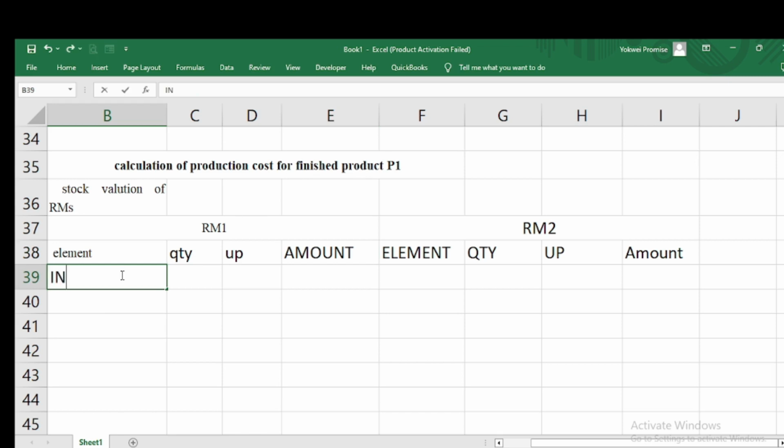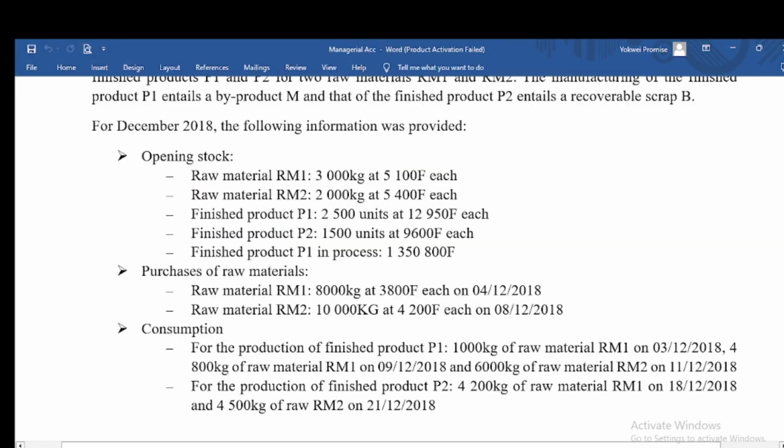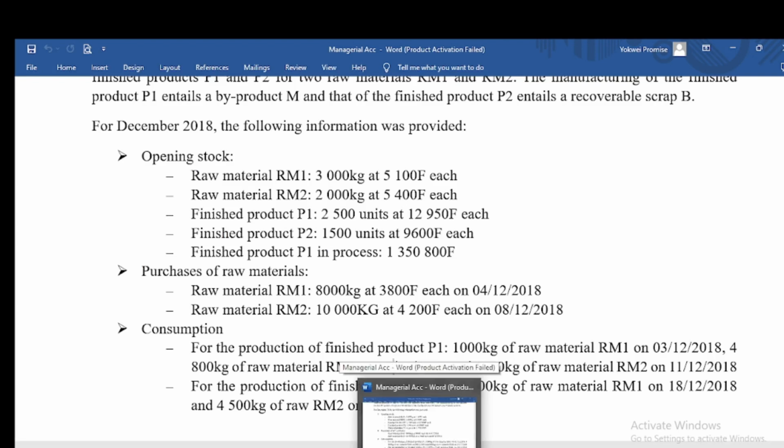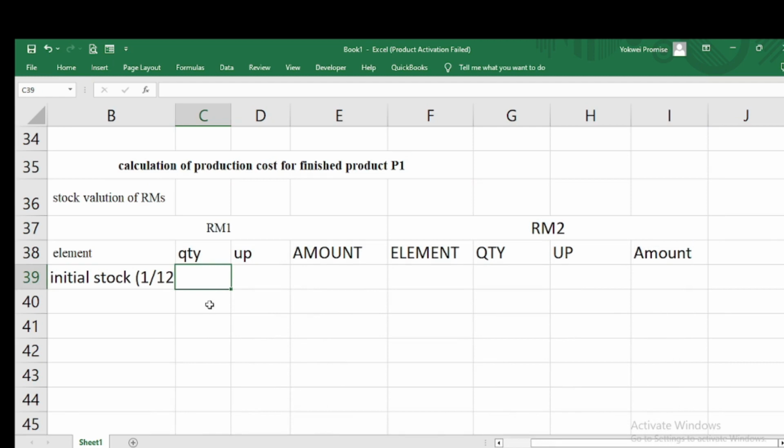So I have here the initial stock. This initial stock is on the 1st of December. On the 1st of December, we have 3,000 at 5,100. And remember, they are using the weighted average cost method. So I have 3,000 at 5,100.